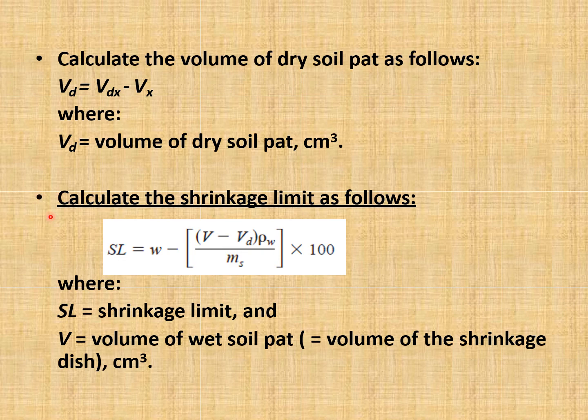Then comes the real thing, that is the calculation of the shrinkage limit. SL is equal to W minus, here V is the initial volume of the soil, V sub d is the volume of soil when it is dry, M sub s the mass of dry soil, and rho w is the density of water. SL is the shrinkage limit, and the new parameter present in this formula, V, is the volume of wet soil pad, and that is equal to the volume of the shrinkage dish in cubic centimeter.